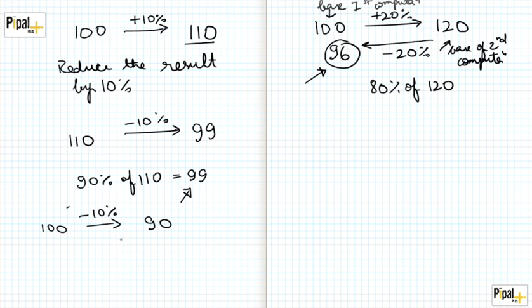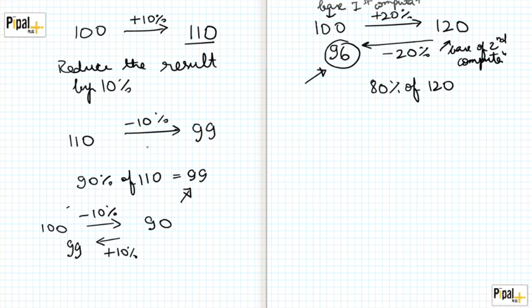Now when I increase 90 by 10%, this is a smaller base and 10% of 90 is 9, so I get 99. So it's important to note that increasing something first and then reducing by the same percentage will give you the same answer as reducing something first and then increasing.